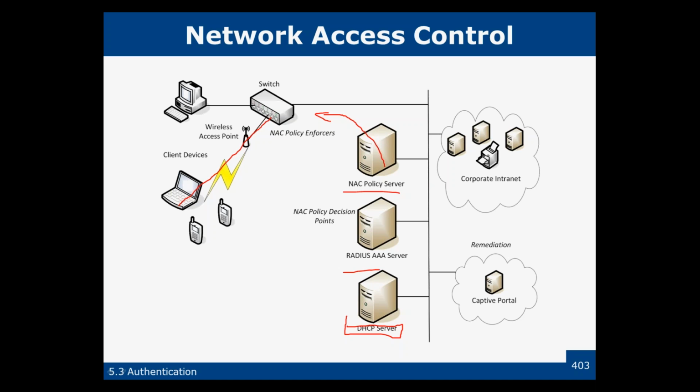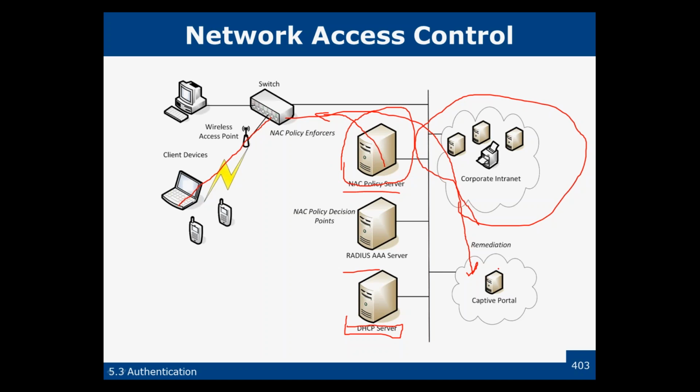If it doesn't comply with all of the NAC policy server requirements, and I put a link on how to configure a network access policy on a Windows machine, a link to a video also. There are several, 4 or 5 videos if you're interested in them. But it checks this thing. If it doesn't comply, then it goes down here into what's called a captive portal, into the remediation network, separated from the corporate network where it might infect something, until it meets the prescribed standards in the health policy.